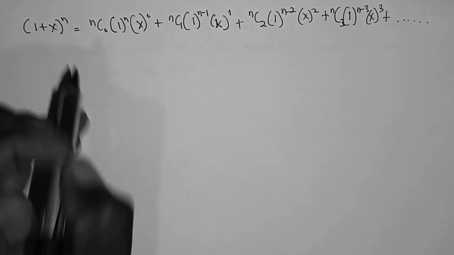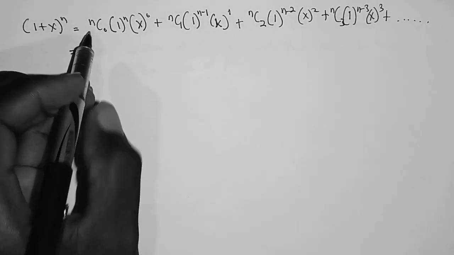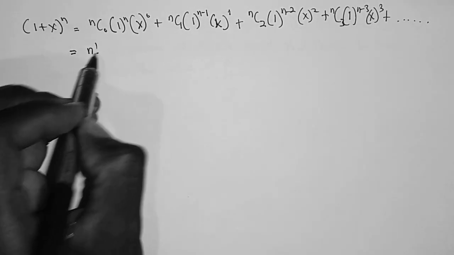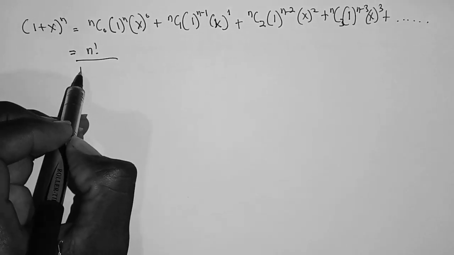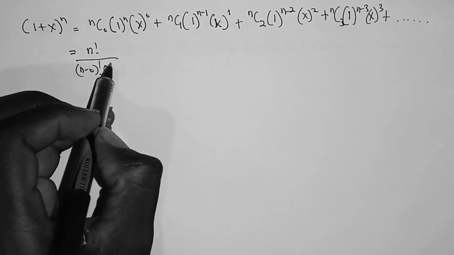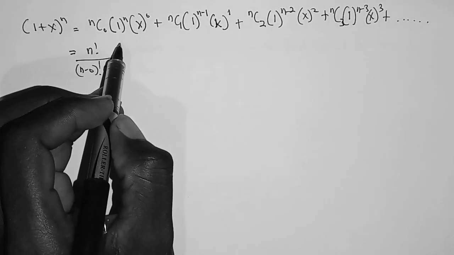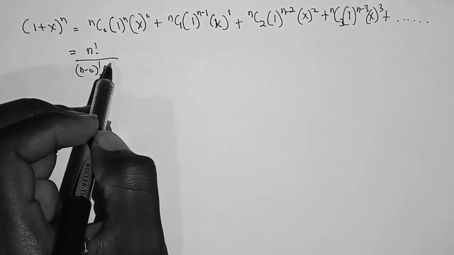Then now, simplifying further, nC0 is the same as n factorial divided by (n-0) factorial times 0 factorial. Then 1^n is 1, times x^0 is also 1.